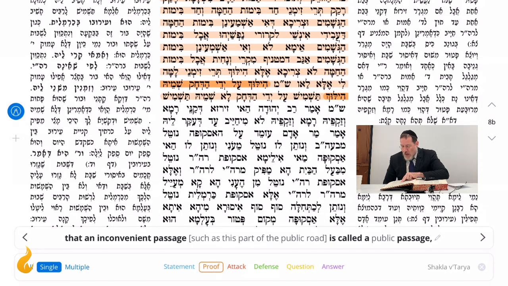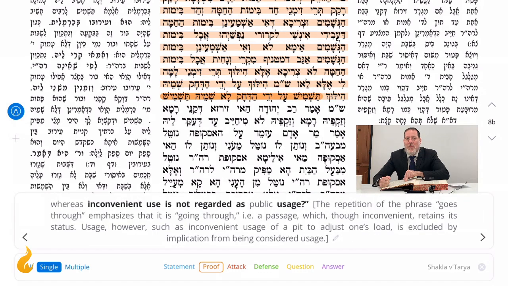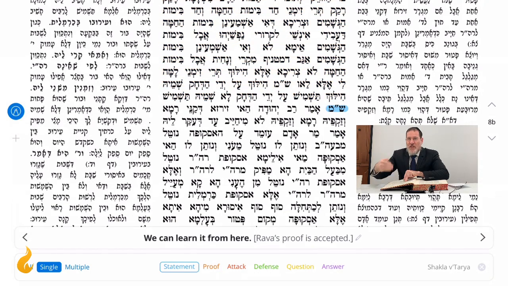However, tashmish al yedei hadchak, inconvenient usage, is not called tashmish. Going back to what we learned on Daf Zayin, many times when you repeat something twice, a double positive is to exclude. Yes, there's a chiddush here, but this chiddush should only be applied if the issue is about inconvenient passage.